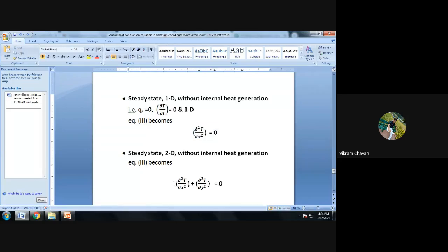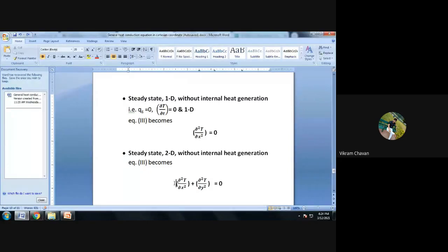So now what have you understood? First of all, you have to understand the general heat conduction equation and how to interpret it in a different format. According to the statement, you have to interpret this equation into a different format. If there is steady state, the last term becomes 0. If there is no internal heat generation, the second term becomes 0.